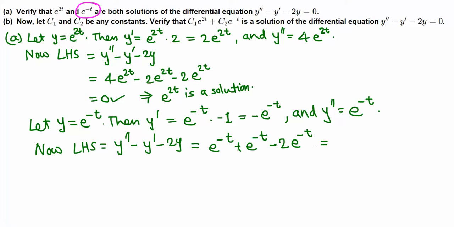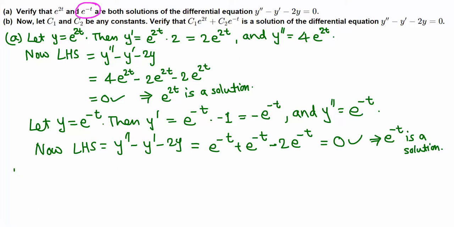Which is e raised to negative t plus e raised to negative t, 2 copies, 2 e raised to negative t, minus 2 e raised to negative t, so that's 0. So we get the right hand side. That means e raised to negative t is also a solution, or in fact we verified it is a solution.